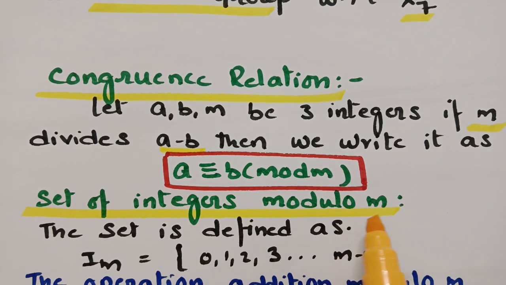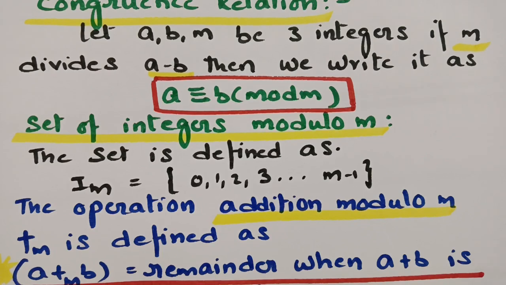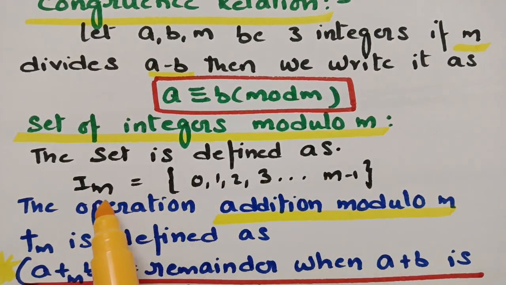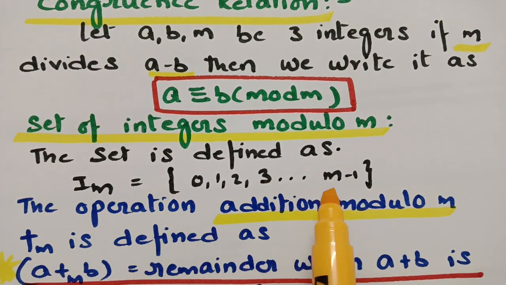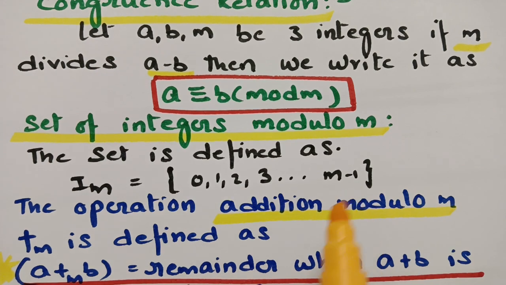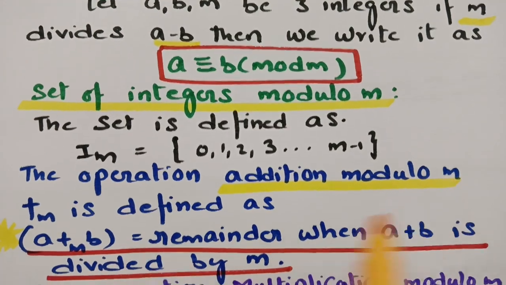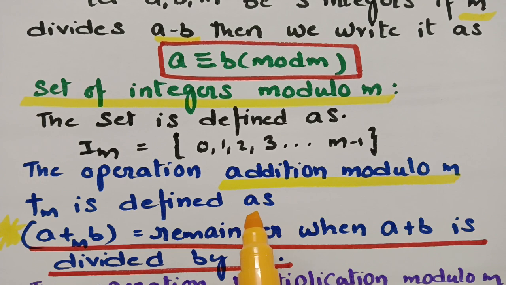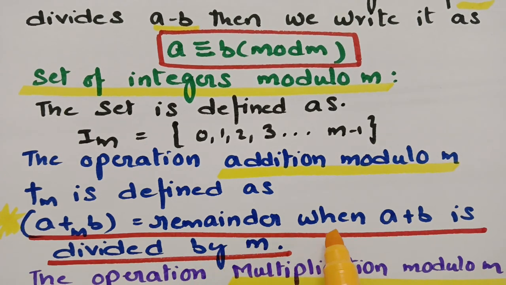The set of integers modulo m. If you take any set, the set is defined as I_m = {0, 1, 2, 3, and so on, m minus 1}. Then the operation addition modulo m is defined as the remainder when a plus b is divided by m.